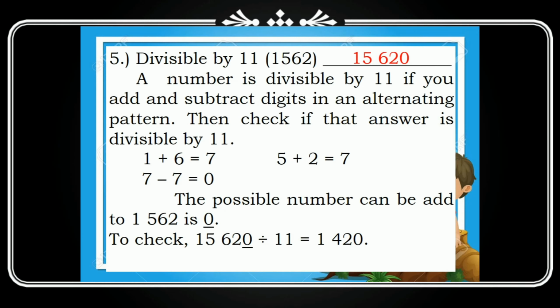So 7 minus 7 is equal to 0. The possible number that can be added to 1,562 is 0. So 15,620 divided by 11 is equal to 1,420. The correct answer for number 5 is 15,620.